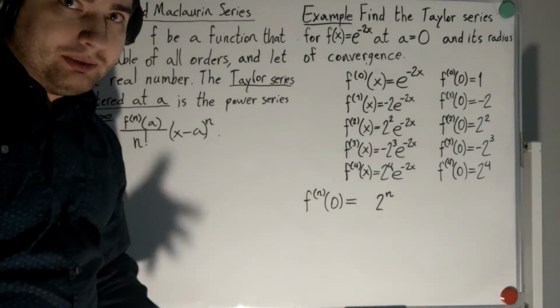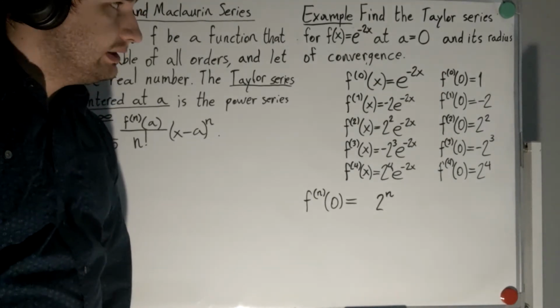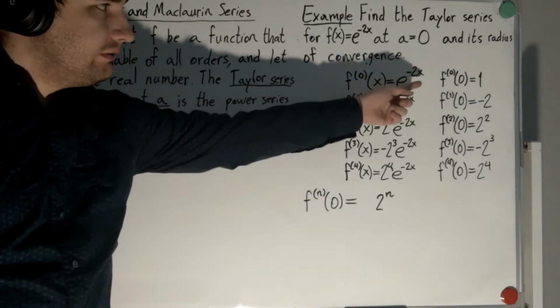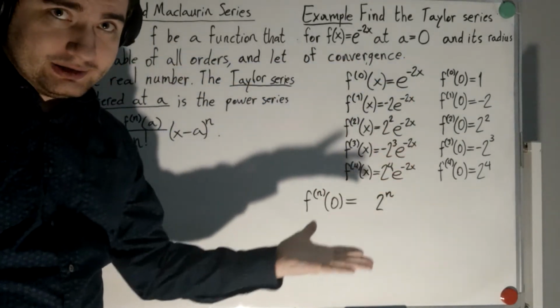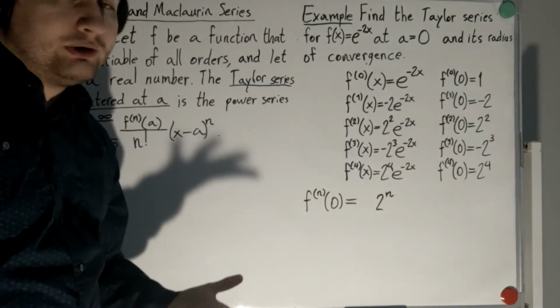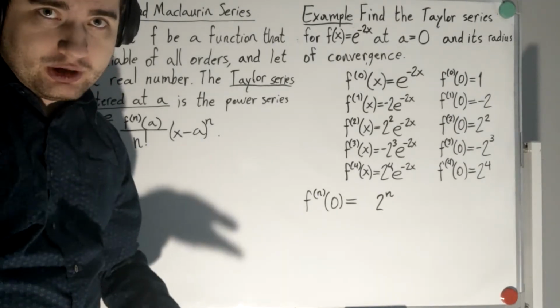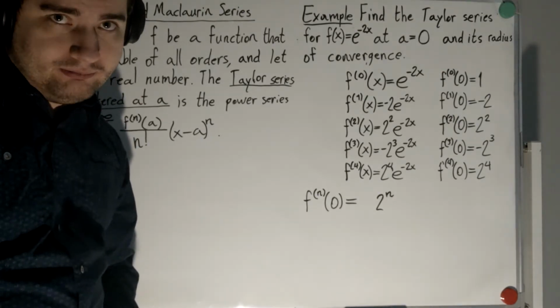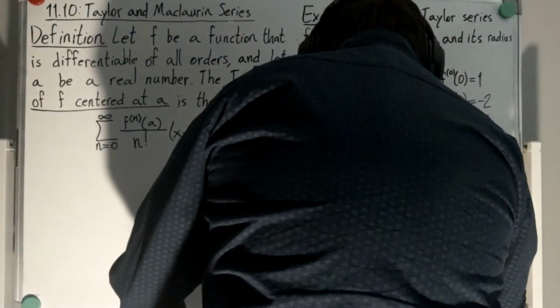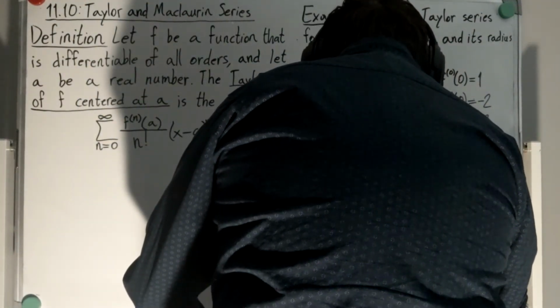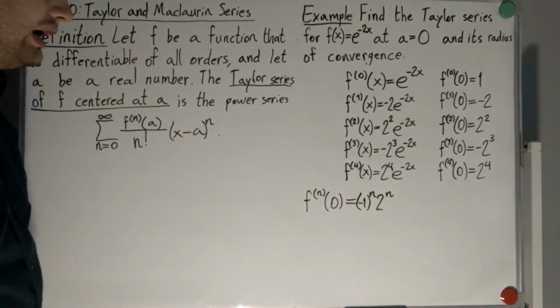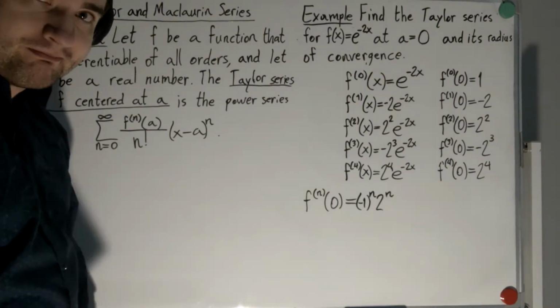And we want the sign to keep flipping back and forth between negative and positive. Specifically, when n is even, we want it to be positive. When n is odd, we want it to be negative. That's easy to accomplish. All you have to do is say negative 1 to the n. So, negative 1 to the nth power times 2 to the nth power, and that'll do it.